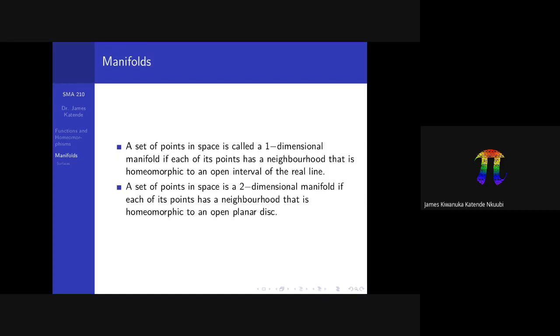We define a two-dimensional manifold next. A set of points will be a two-dimensional manifold if each of its points has a neighborhood that is homeomorphic to an open planar disk.